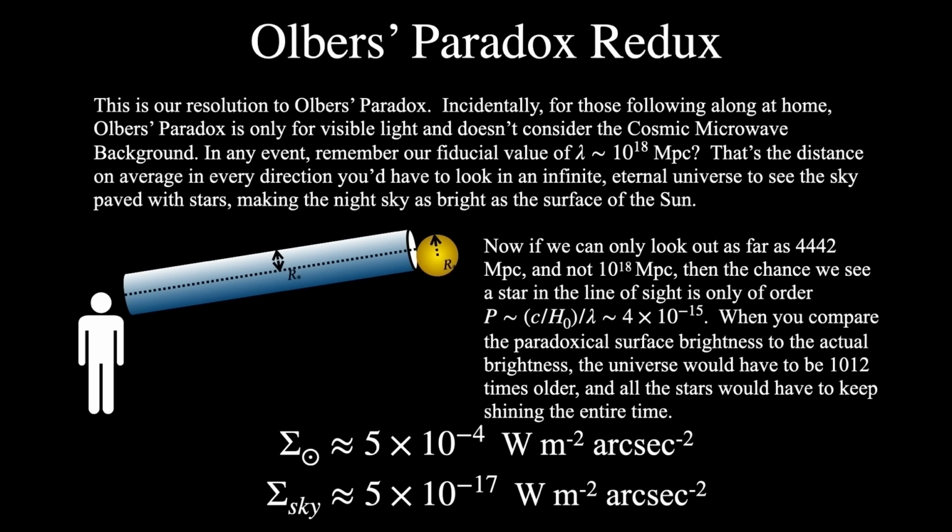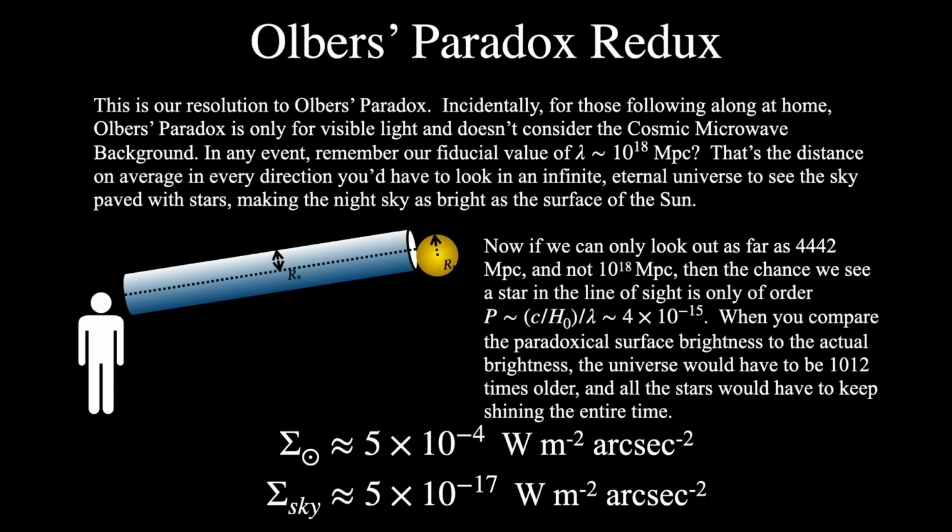It says, why isn't the sky as bright as the surface of the sun, given an infinitely sized universe that's infinitely old? So 10 to the 18th is the characteristic value that you'd see if you looked in any direction with this infinite eternal universe.